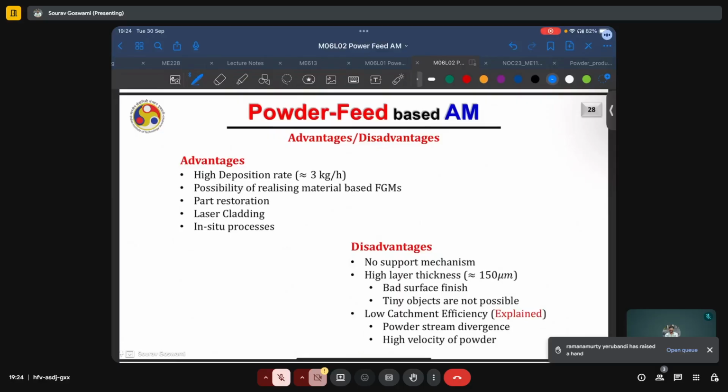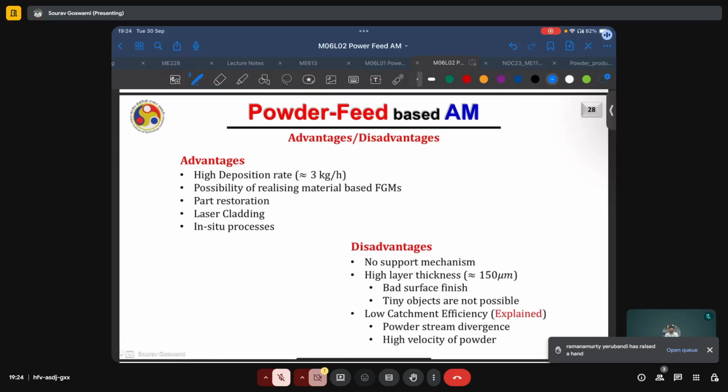The layer thickness tends to be high, which is of course expected when we say that we have high deposition rates. But what this also leads to is a loss of resolution. That is, we cannot have very fine features, or we cannot print small objects or tiny parts. And because of the very large or high layer thicknesses, the surface finish will be bad.